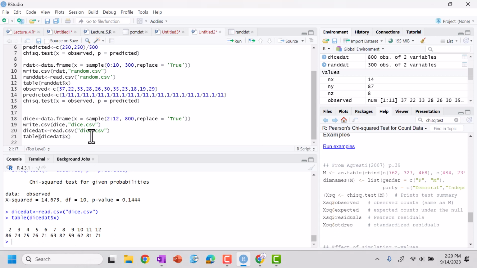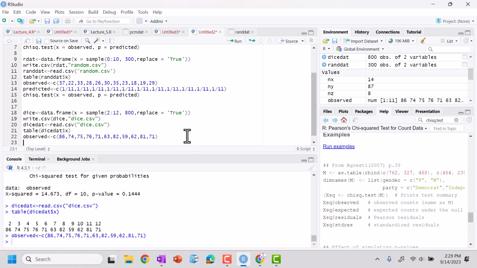So again, we can go ahead and set up observed, although you should use different variable names: 86, 74, 75, 76, 71, 63, 82, 59, 62, 81, 71. Those are my observed. For my expected values, you may have to do some research about this.